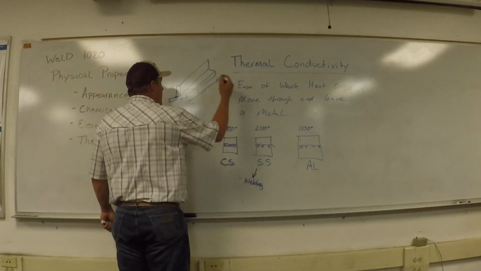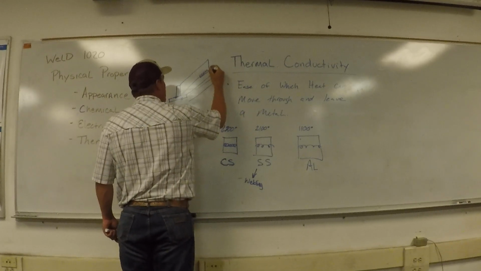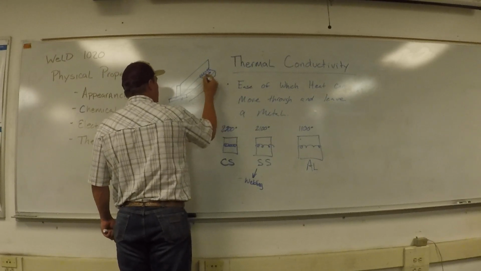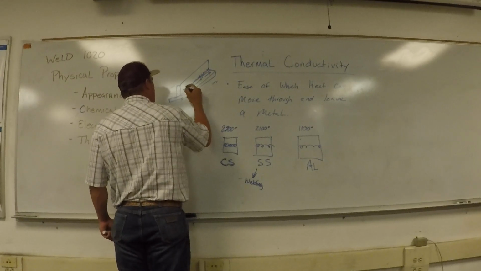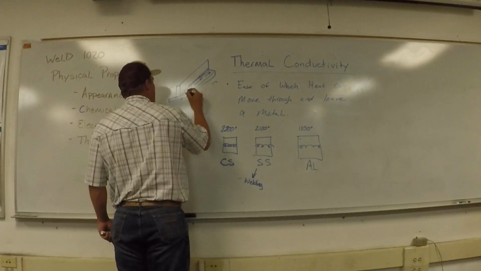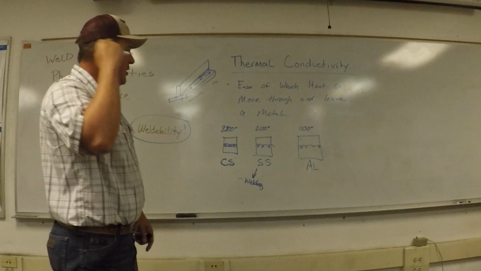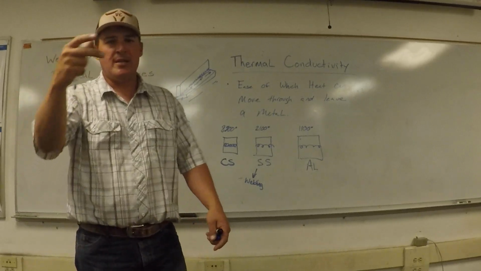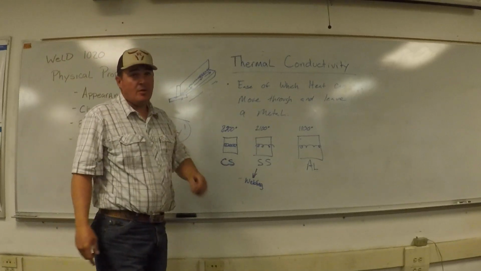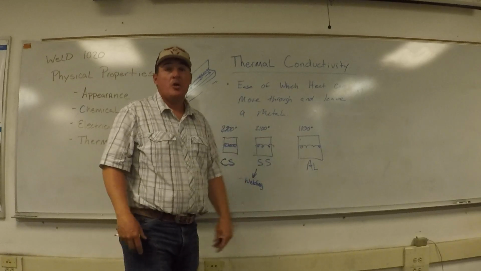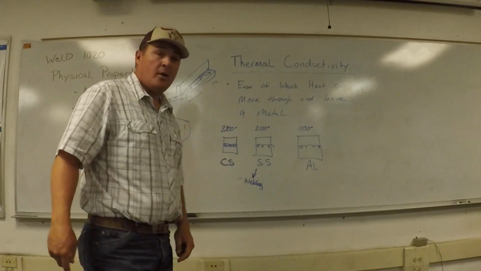In stainless steel and aluminum, sometimes they will back weld, where they'll do a weld here, from here to there, and then they'll come back 2 inches and they'll weld here, from here to there, and then they'll come back here and they'll weld from here to here. And that's very non-traditional. That's called back welding, and back welding controls heating, expansion, contraction rates in and around the weld and the part. And it controls warpage and distortion. A lot of times they do that on thinner stainless steels and aluminums to control expansion, contraction, warpage, and distortion issues caused by thermal conductivity.